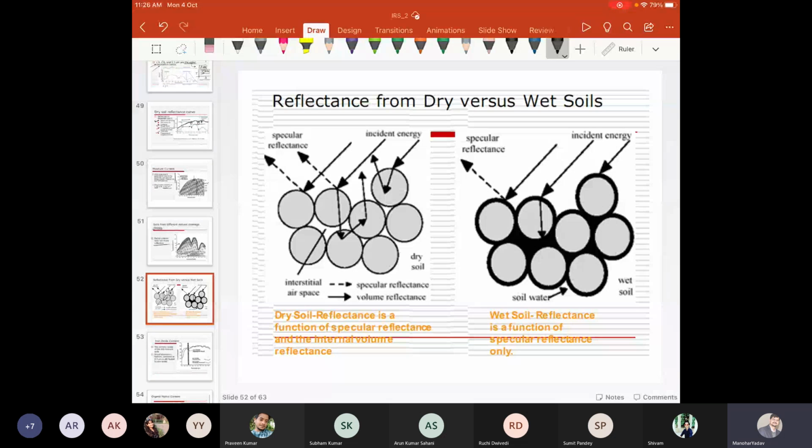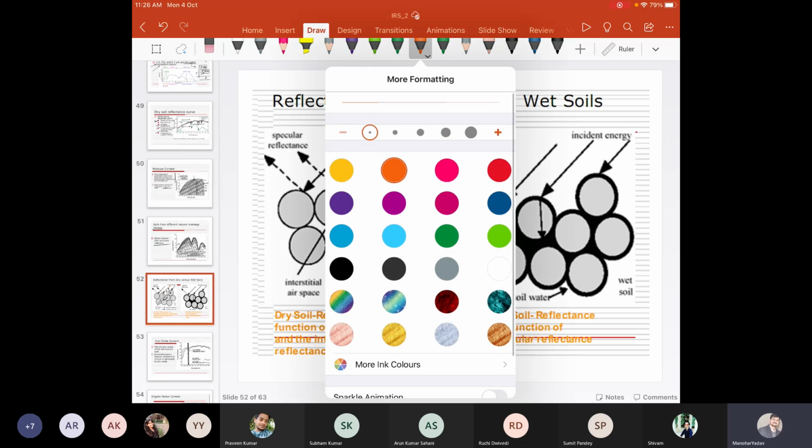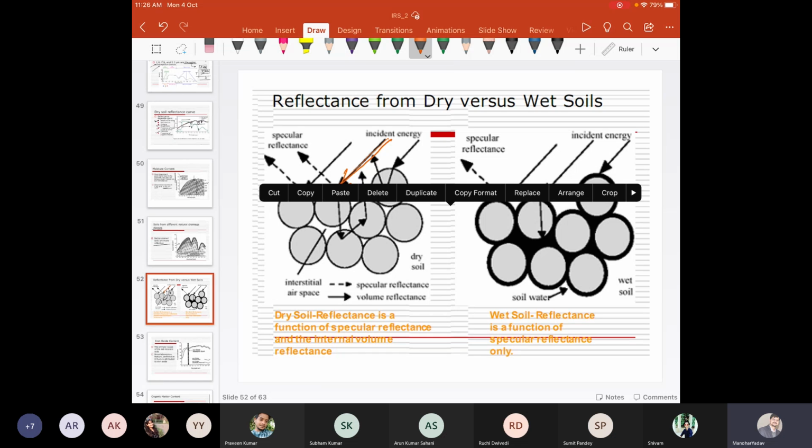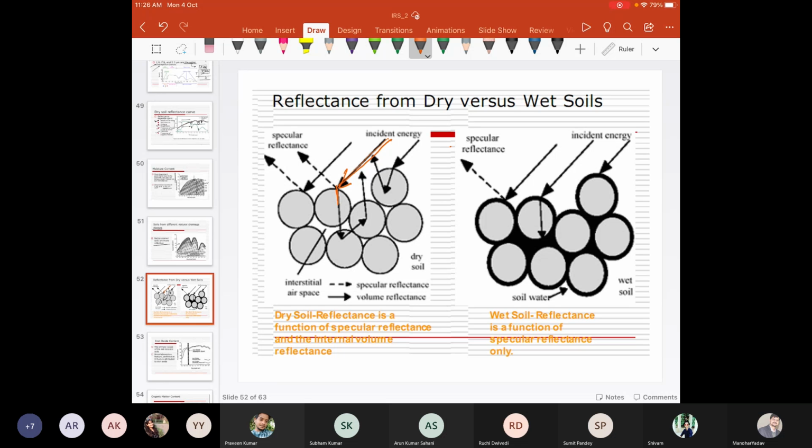See over here, let's say at this point, the incident energy is transmitted within the soil, but here it is further reflected back and it goes out.